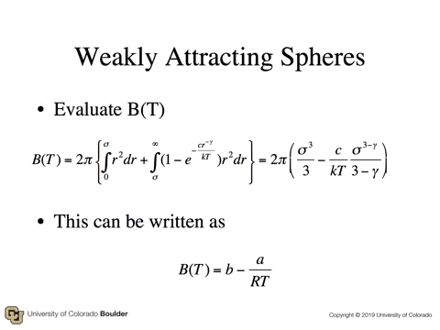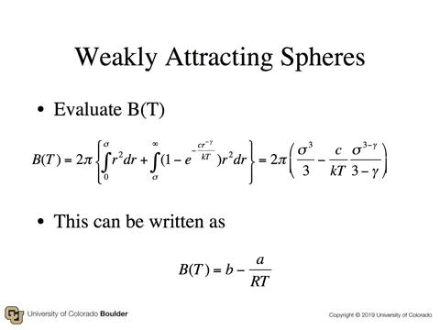Now, if we go to weakly attracting spheres, and you can see the attractive portion of the function in this integral, and evaluate B of T, then it turns out that B of T can be written as lowercase b, the previous lowercase b, minus a over RT.